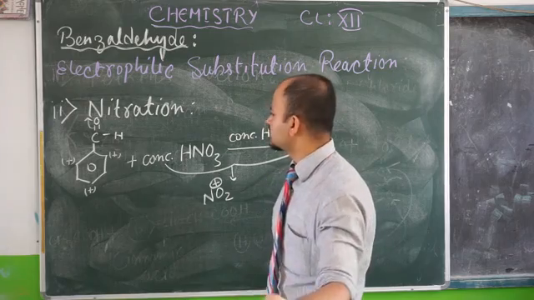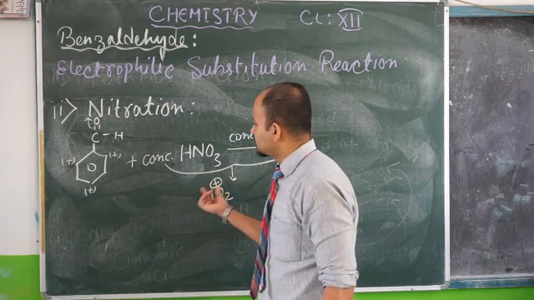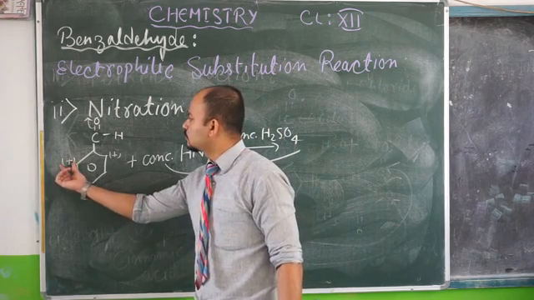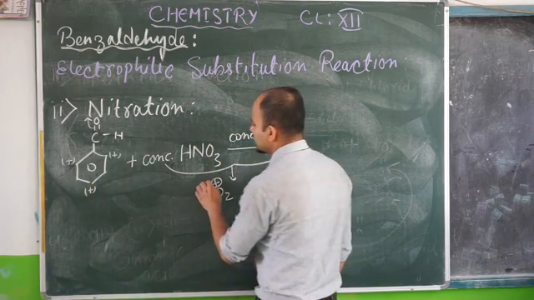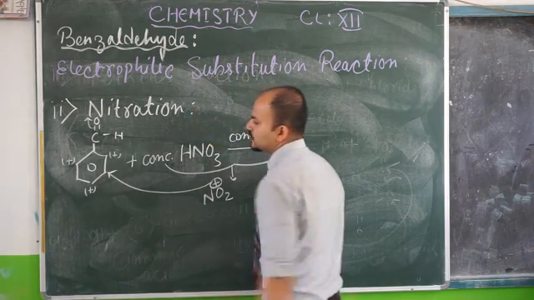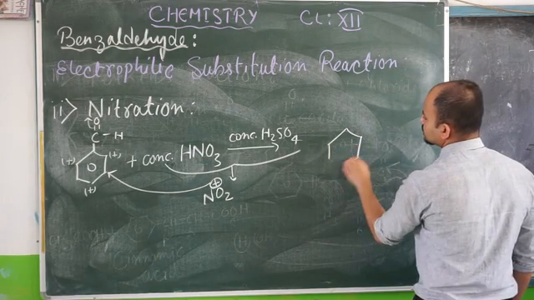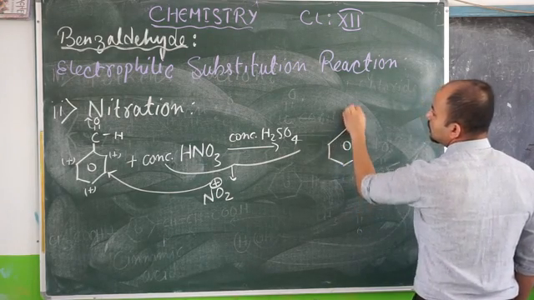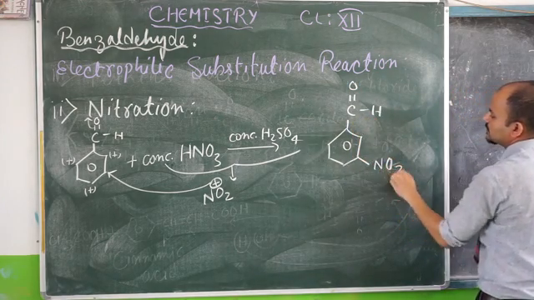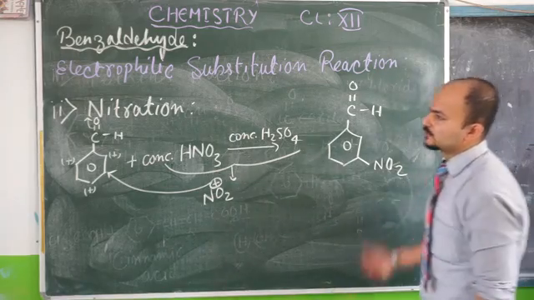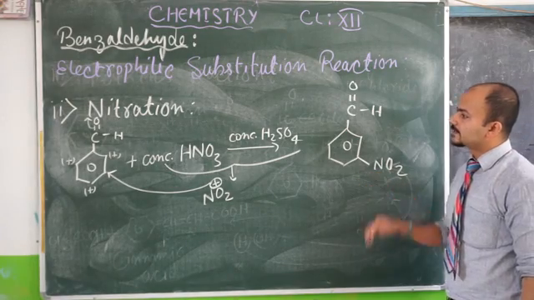Okay, we have already discussed this. Now this positive charge will repel at ortho position and para position. Therefore, it has only one choice, that is going at meta position. So you will be getting C double bond OH and NO2 coming at meta position. This is meta position. Okay? Please remember this.